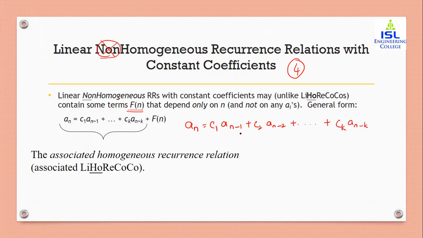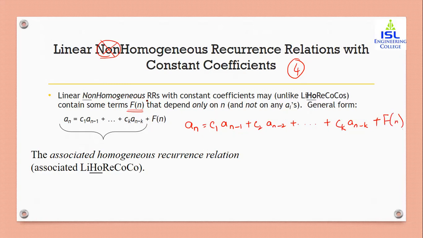We may have one term, two terms, or k terms, and there will be a function of n that depends only on n. This is the general form of a linear non-homogeneous recurrence relation.